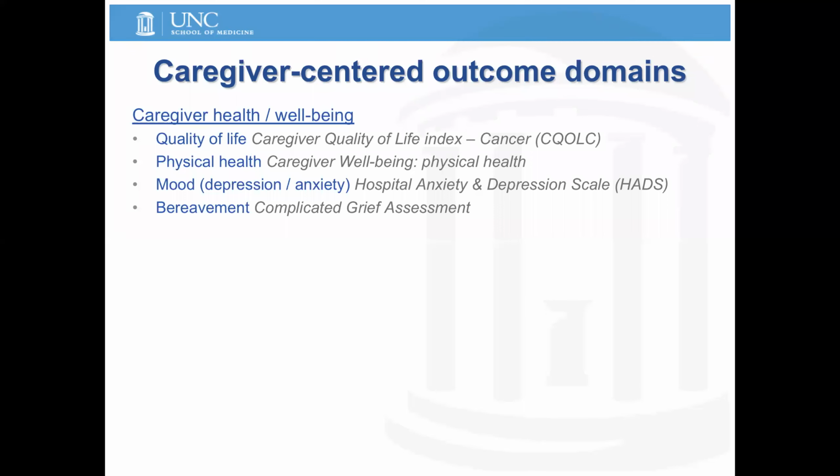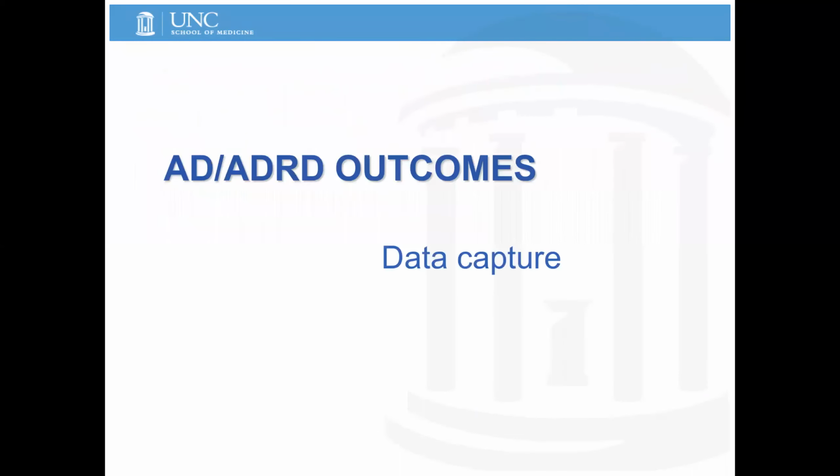Remember, I said early on that dementia caregiving, because it goes on for an extended period of time and because it is quite demanding, actually has impacts on caregiver health and well-being, including their quality of life, their physical health, their mood state, and then, of course, their experience after the death of the individual with dementia.